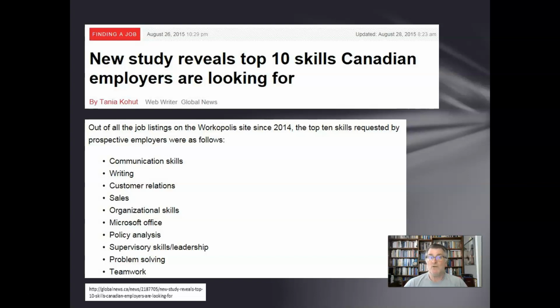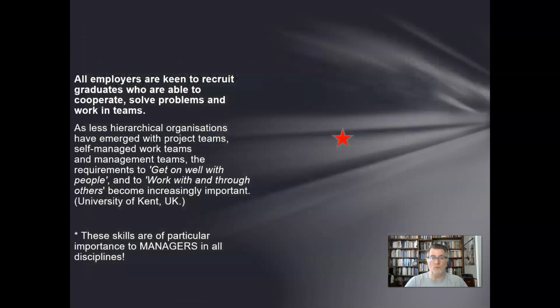Communication skills. Writing is the second one. So those two, more so than customer relations, sales, knowing Microsoft Office, or being able to do an Excel spreadsheet, or any of these kinds of things. Teamwork used to be the second or third, literally at the bottom. But communication skills and writing are the most important ones.